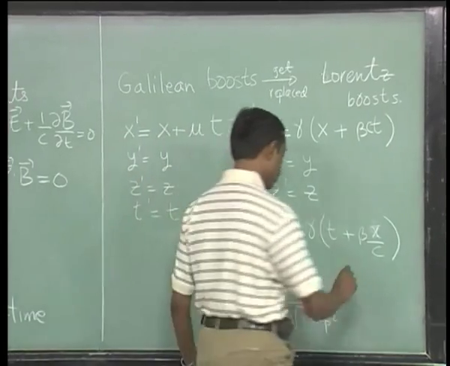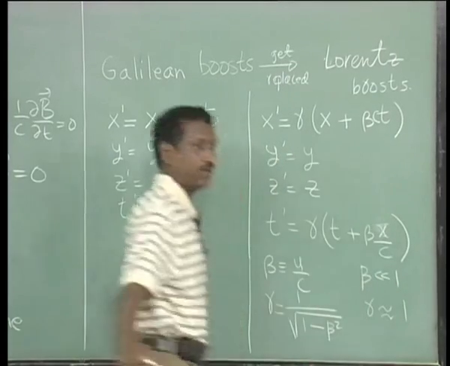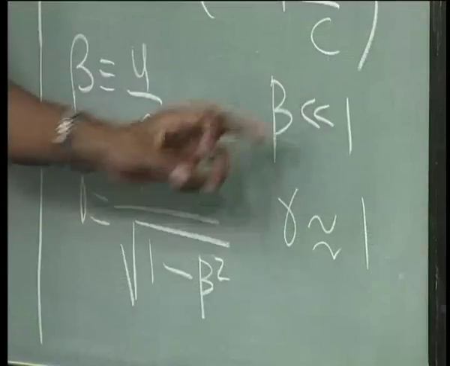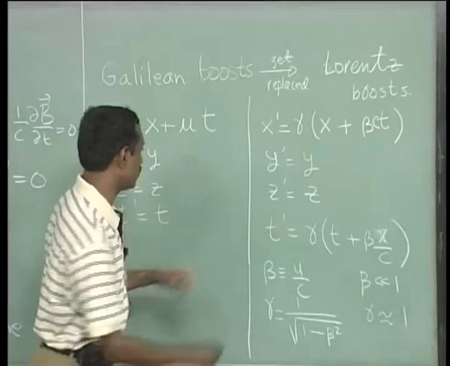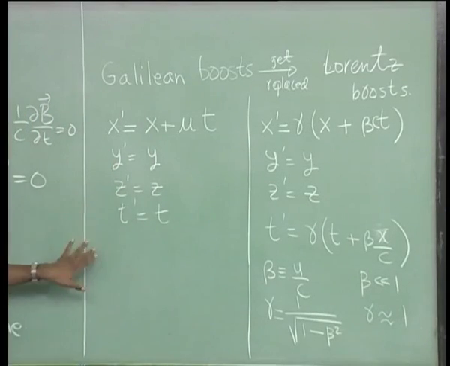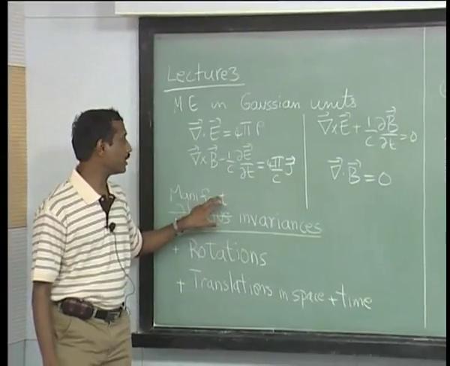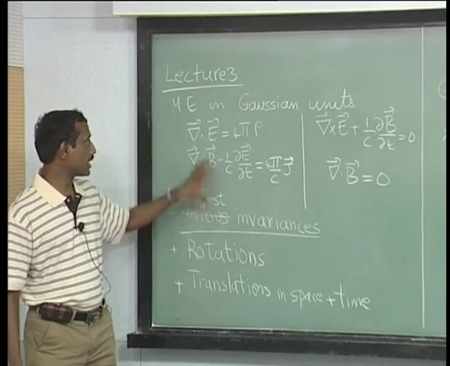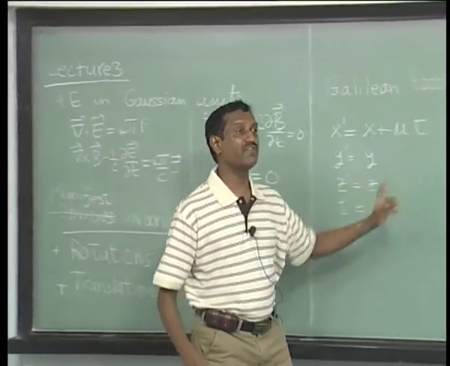So when beta is much less than 1, gamma is approximately 1, plus corrections of order beta square, and we can see that you can actually recover these equations. Okay. So, Lorenz boosts turn out to be the invariance of this set of equations, and what we will do in the next 5-10 minutes is to rewrite these equations in a manner where this symmetry will be manifest.